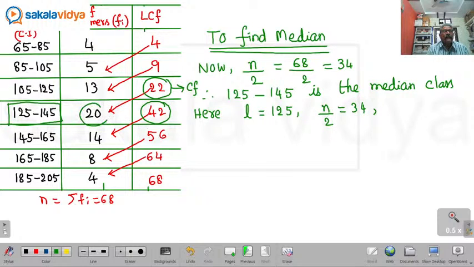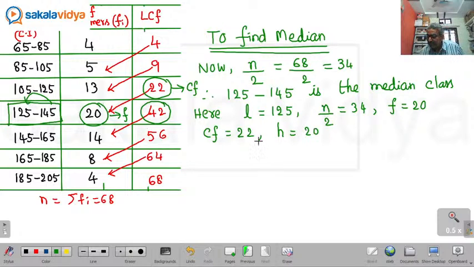F, the frequency of the median class, is equal to 20, CF is equal to 22, and H is 145 minus 125, that is 20.